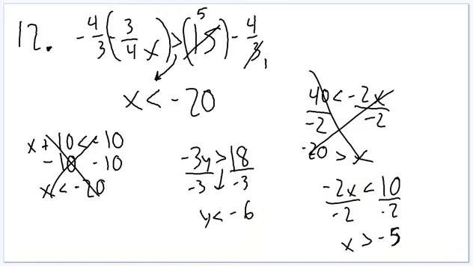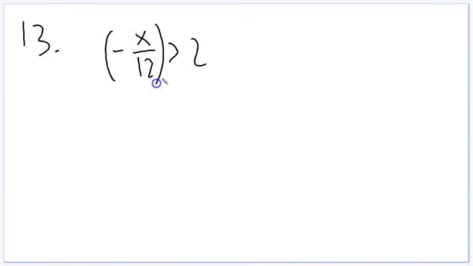Moving on to number 13. Which is the solution to the inequality? I've got negative x over 12 is greater than 2. So, to get rid of the bottom, we have to multiply. This is division, we have to multiply.